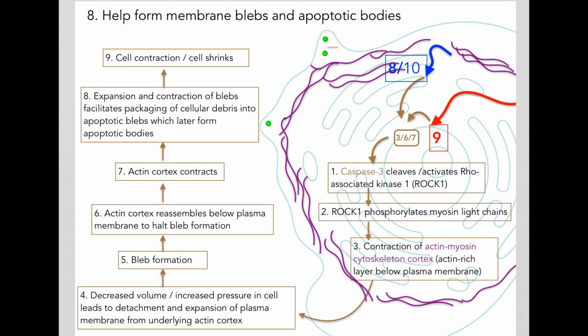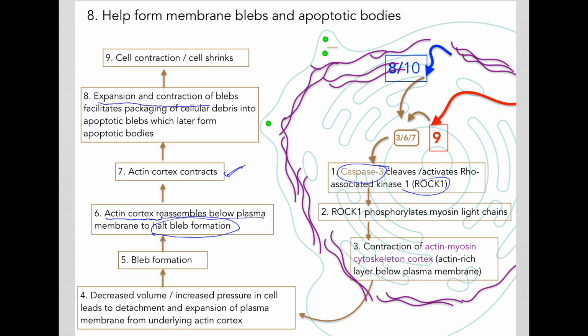Now, as this happens, the actin-myosin cortex, cytoskeleton cortex, reassembles below the plasma membrane to stop the bleb formation. But once again, the actin contracts because caspase 3 is activating this ROCK1. So once again, there's this contraction and this continues.